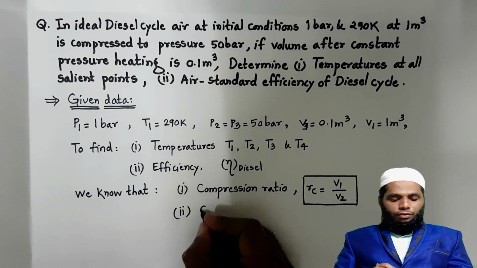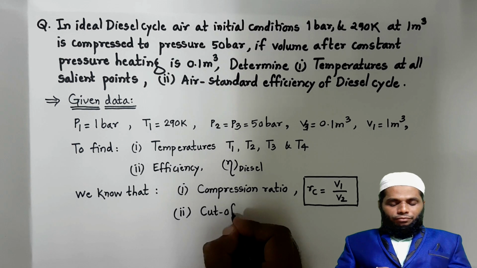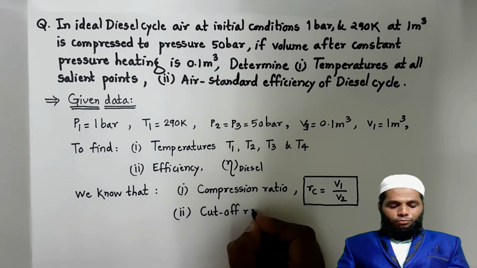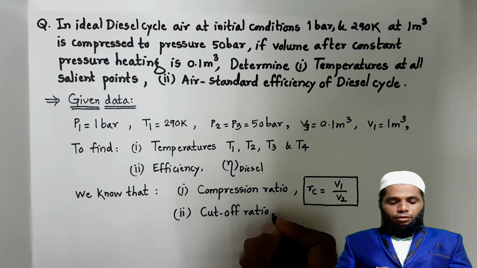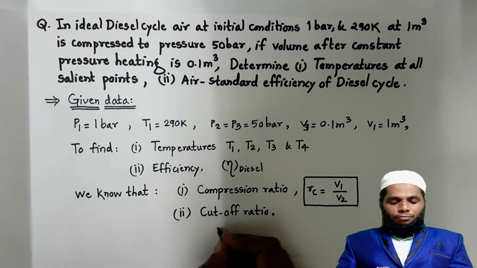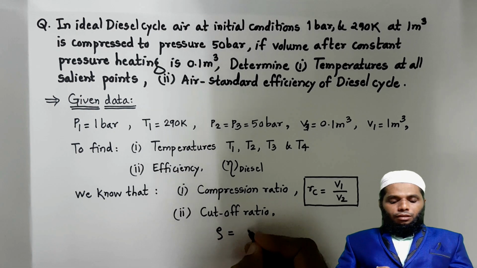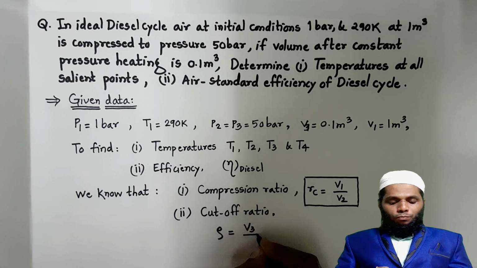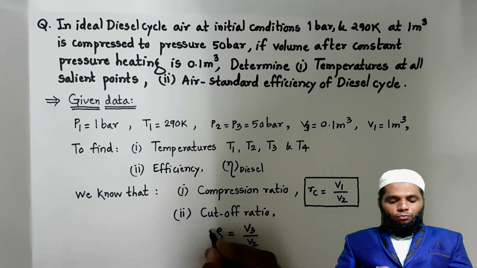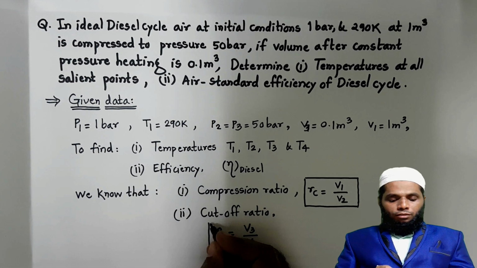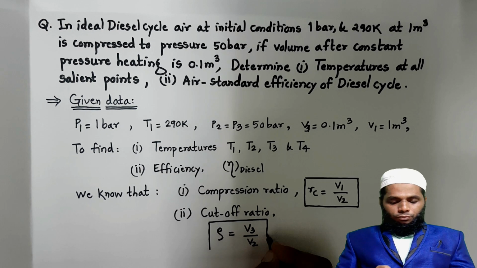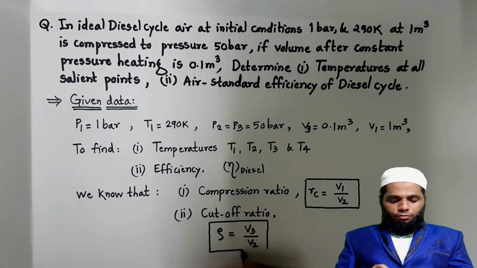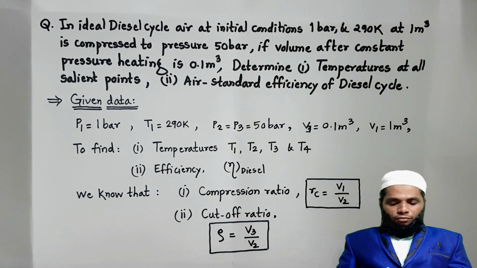Next we have cutoff ratio. So cutoff ratio is basically denoted as rho, which is equal to V3 upon V2. So this is the value of cutoff ratio.